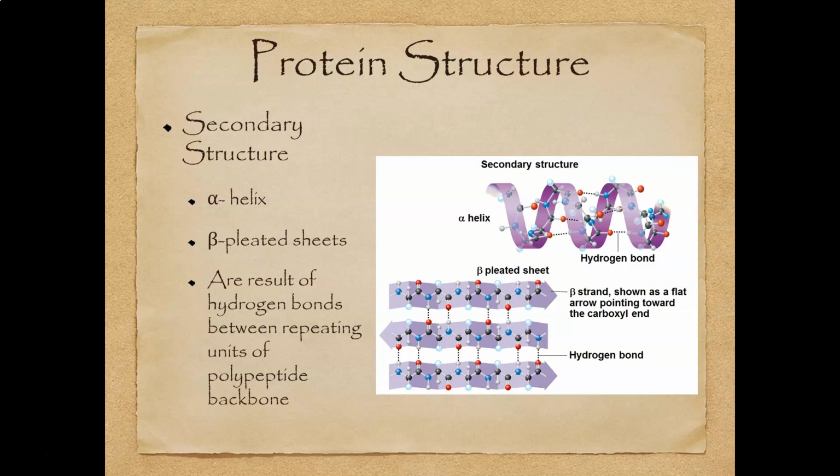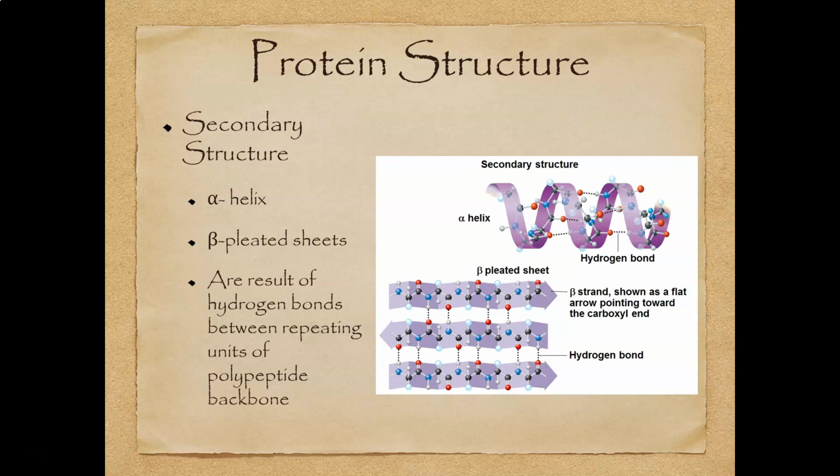You can have an alpha helix, and then maybe there's a straight chain for a little while. And then you can have another alpha helix, and then maybe you have a couple amino acids that are straight, and you've got a beta pleated sheet. So there's a lot of variation in these structures, depending on how long they are, and so on and so forth. These helices and sheets can be hundreds of amino acids long, or they can only be 10.